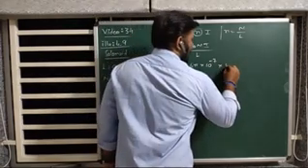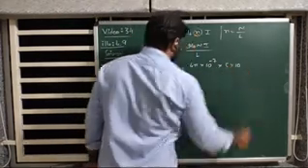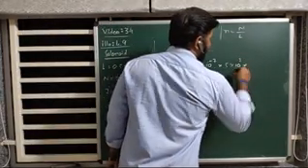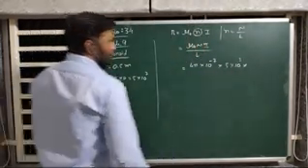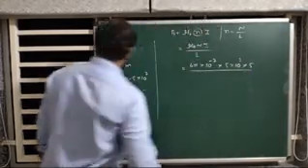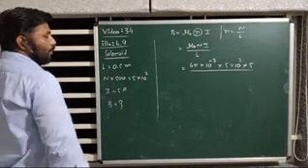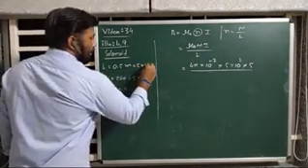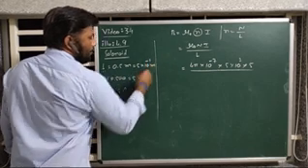So 5 multiplied by 10 raised to 2, multiplied by I. What is I? 5, upon length. Length is given as 0.5 meter, which you can write as 5 multiplied by 10 raised to minus 1 meter.